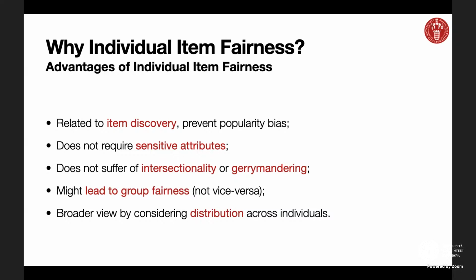And gerrymandering is when you can have group fairness, but it doesn't mean that your algorithm is actually fair within a group. So, for example, you can have a good balance between different genders, but it doesn't mean that within a specific gender, like for example female, you are fair across all the users there.